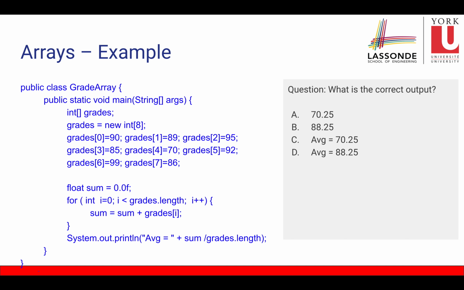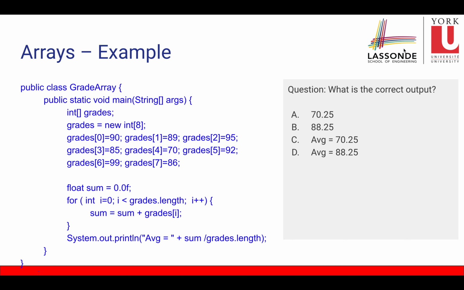Then we use System.out.println with a string plus sum divided by grades.length. Here in Java, we could add a string and a float together because Java can convert the float number into a string, then attach them together.